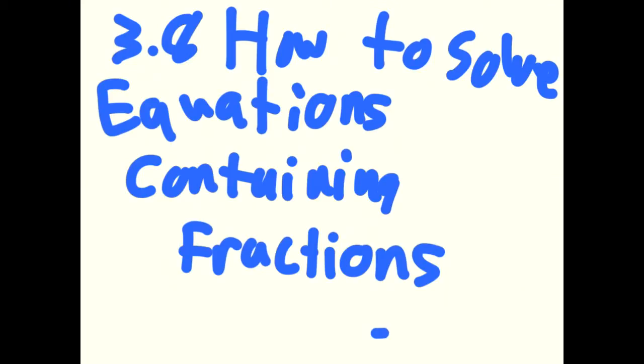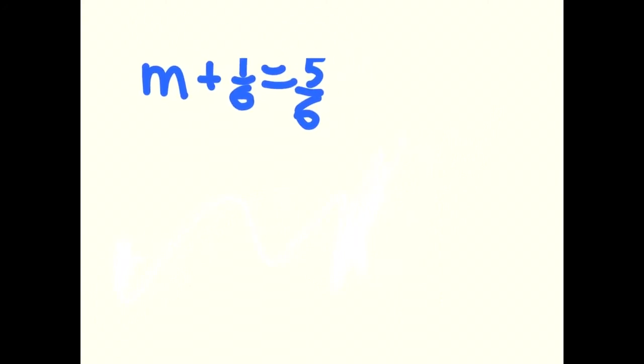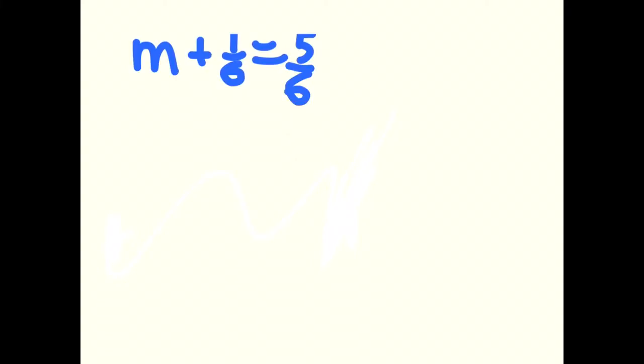Lesson 3.8. How to solve equations containing fractions. Our first problem out of 4 is m plus 1/6 equals 5/6. Sorry, it's a little cut off there, but whatever. M plus 1/6.